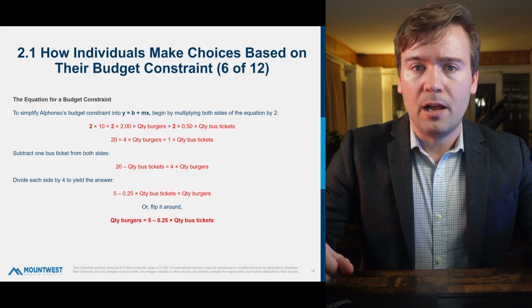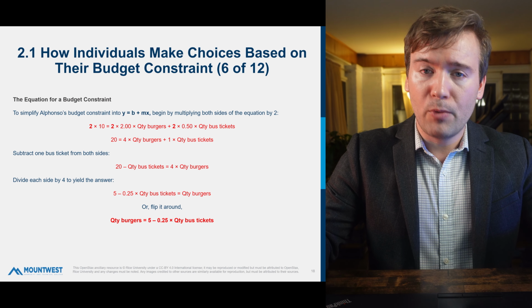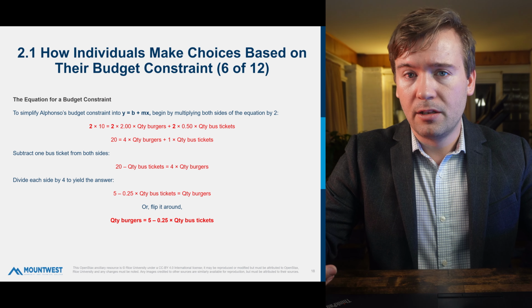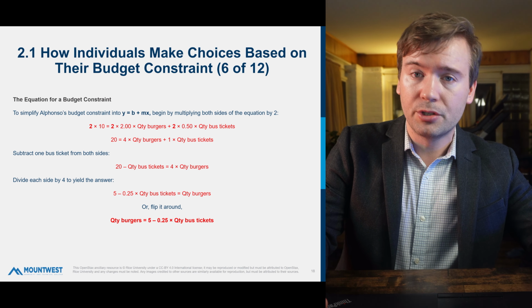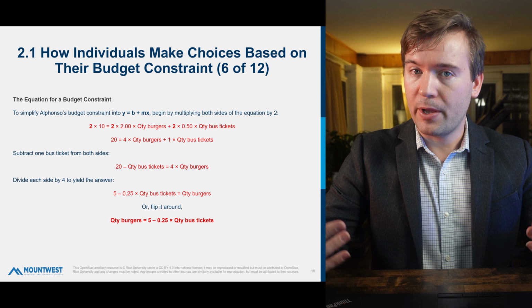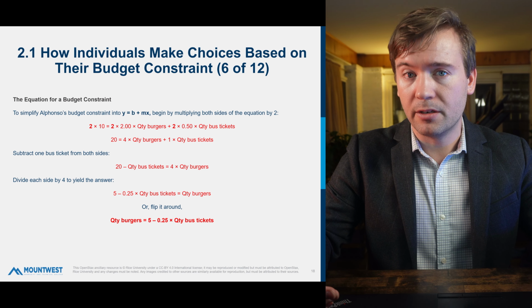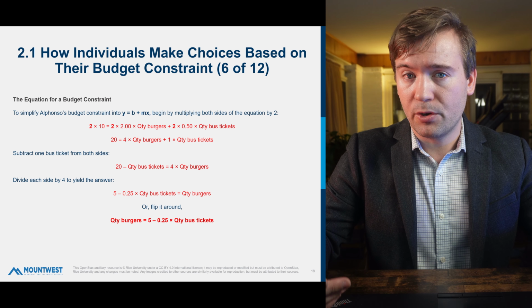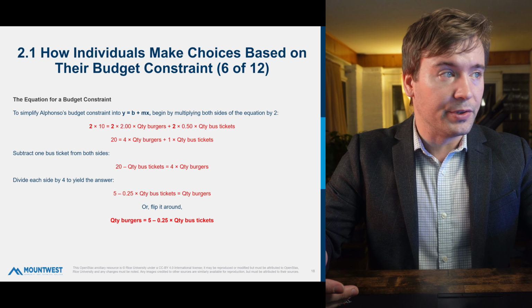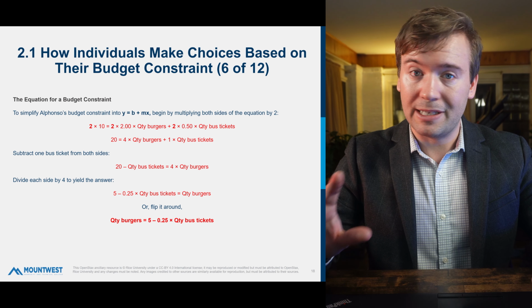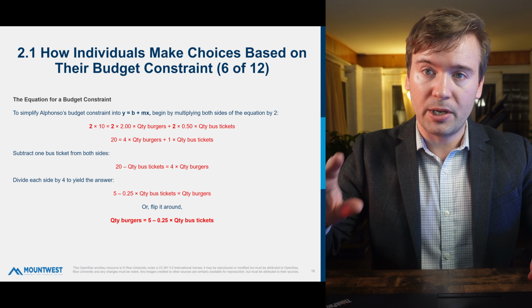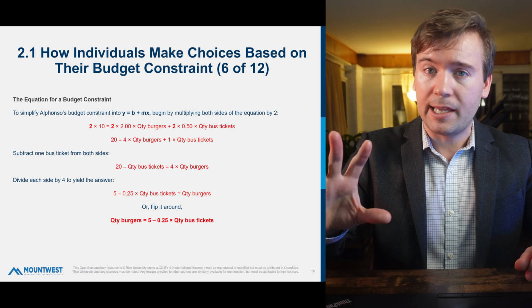All right. Now, then what we need to do is subtract that 1 bus ticket. Now we have a whole number there, that 1 bus ticket from both sides of the equation. So that's going to remove it from the right side of the equation entirely. If we subtract a bus ticket from the right side of that equation, they cancel each other out.